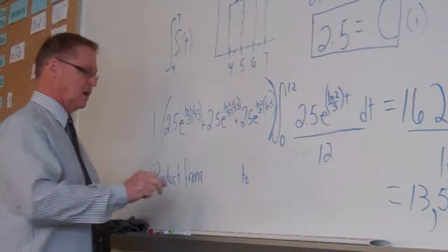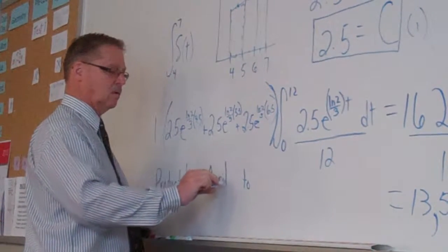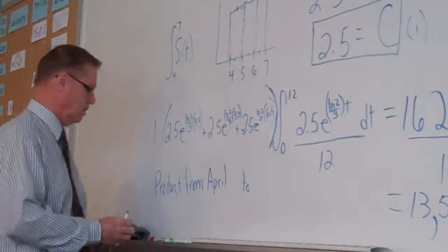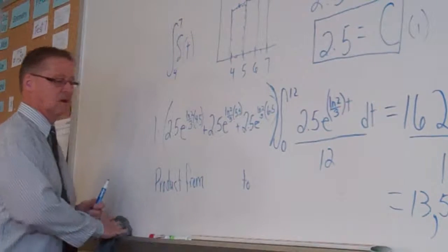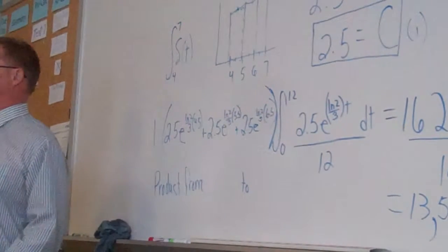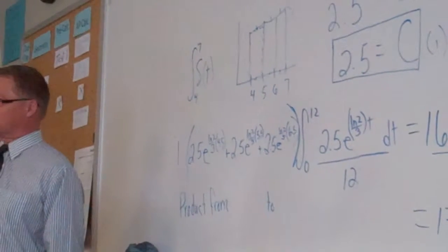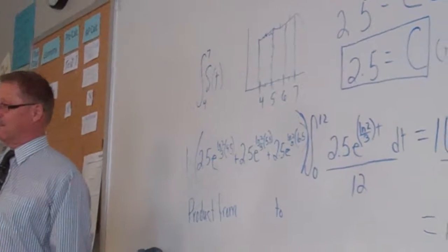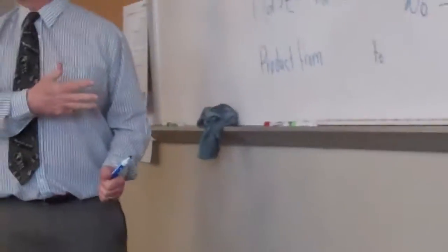So this is the product from April. What did I do? It should be May then. Because if January is 0, then 1 is February. 2, 3, 4. That's where it starts, isn't it?